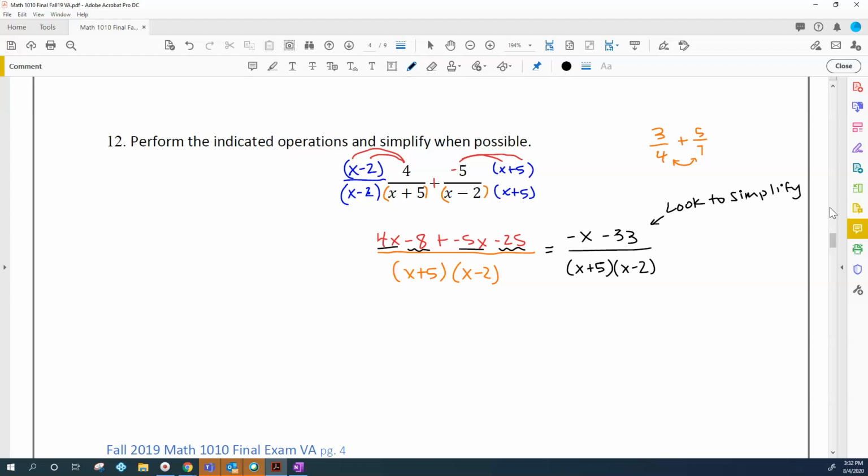And if it can't, then that's all you can do with it. Does that make sense? So on these, you have to get a common denominator. You cannot just kill the denominators off.